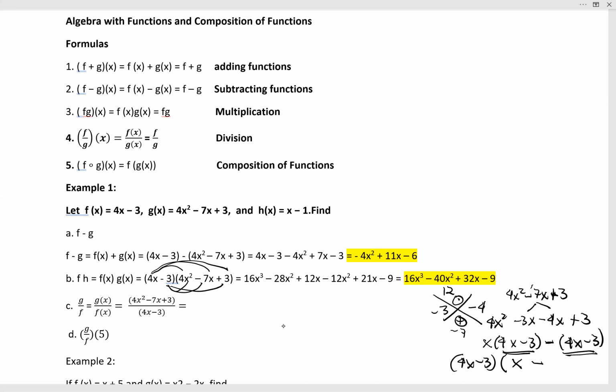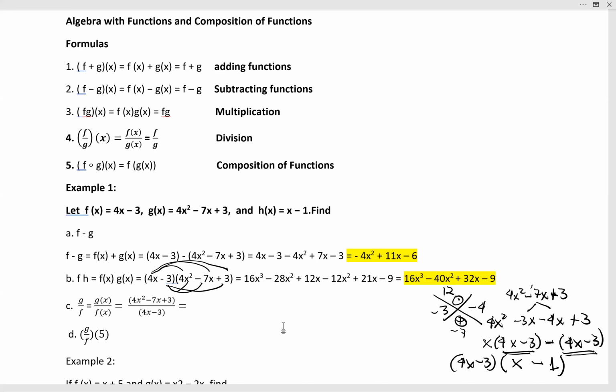Okay, so what happened with the second term here? It's going to leave number 1 because this is multiplication with number 1. So I'm going to have x minus 1 as the second factor. Okay, so I did factor 4x squared minus 7x plus 3.